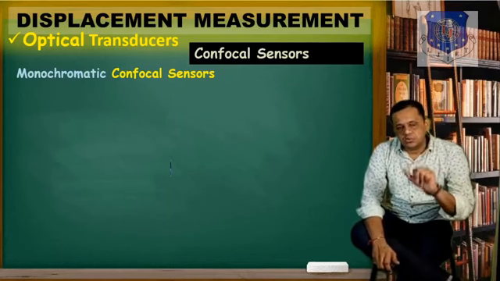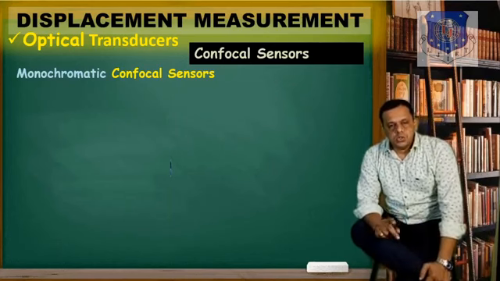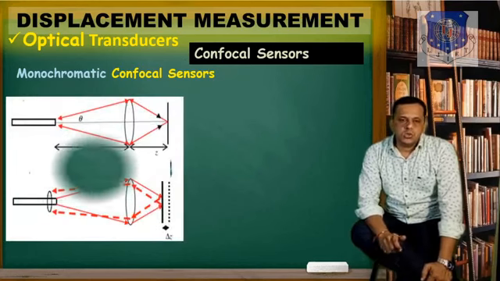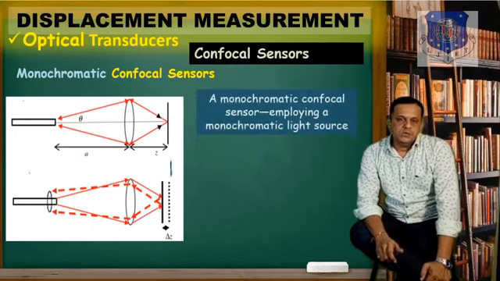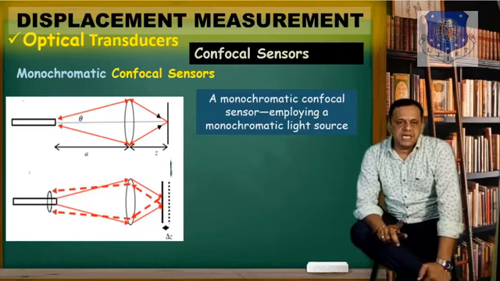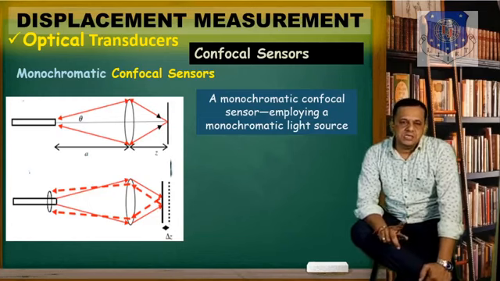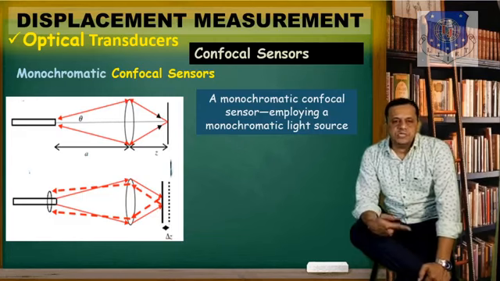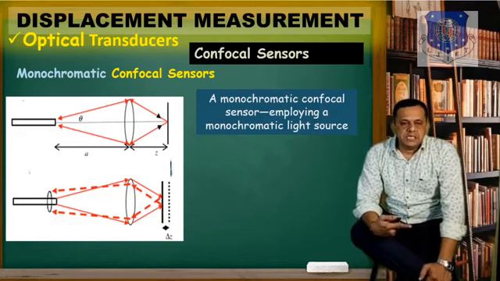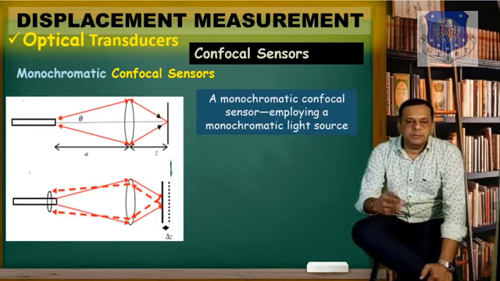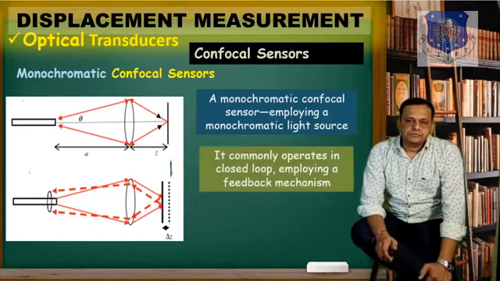Here we have two types: one is the monochromatic and the other is the polychromatic confocal sensor. In the monochromatic confocal sensor, we use monochromatic light, that is, a single wavelength, which you see in the diagram with the theta angle. It is sent through the lens to the object at a distance a plus z and comes back, and it is detected.